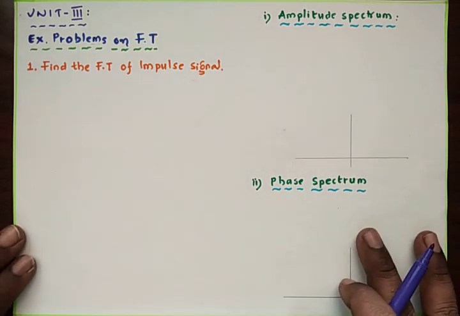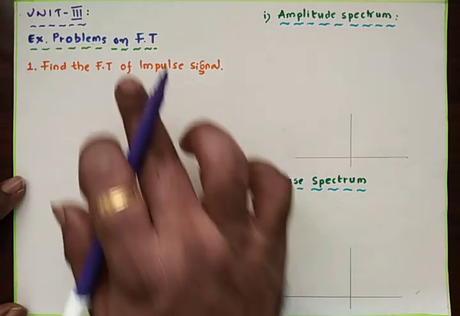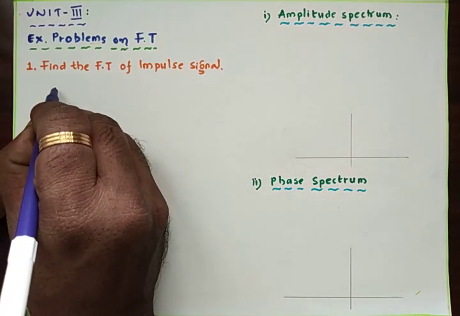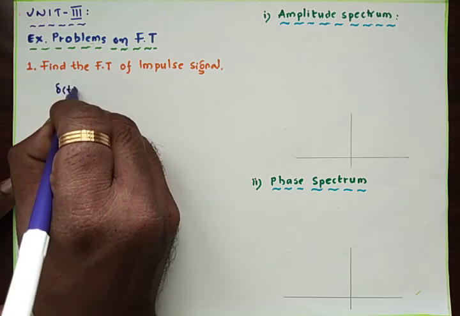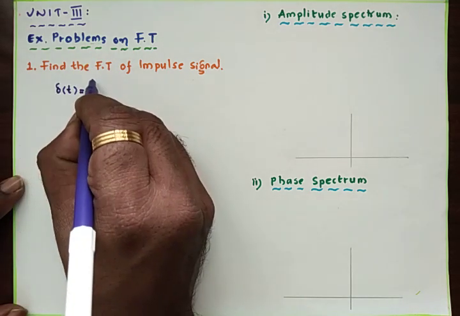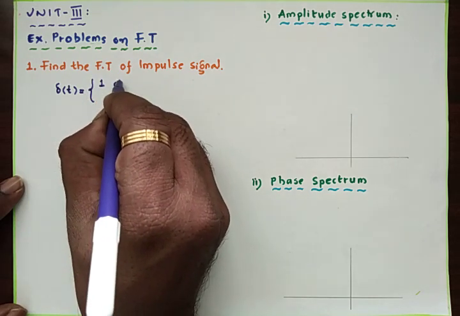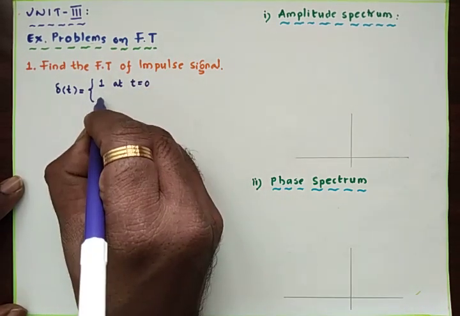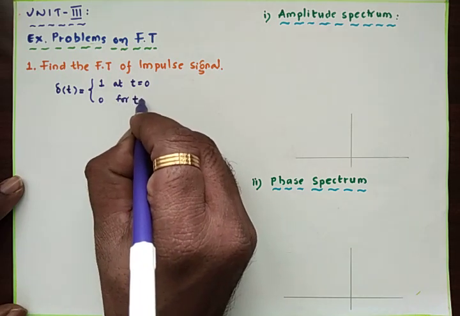In the first unit we studied various basic signals, of which one of the basic and important signals is the impulse signal. The impulse signal is denoted with del of t. Del of t is equal to 1 at t equals 0, and it is 0 for all the values of t except t equals 0.